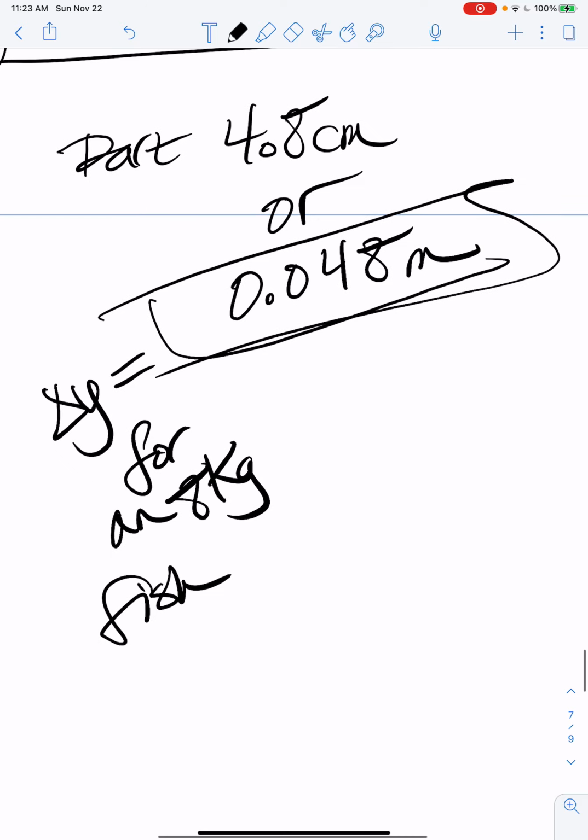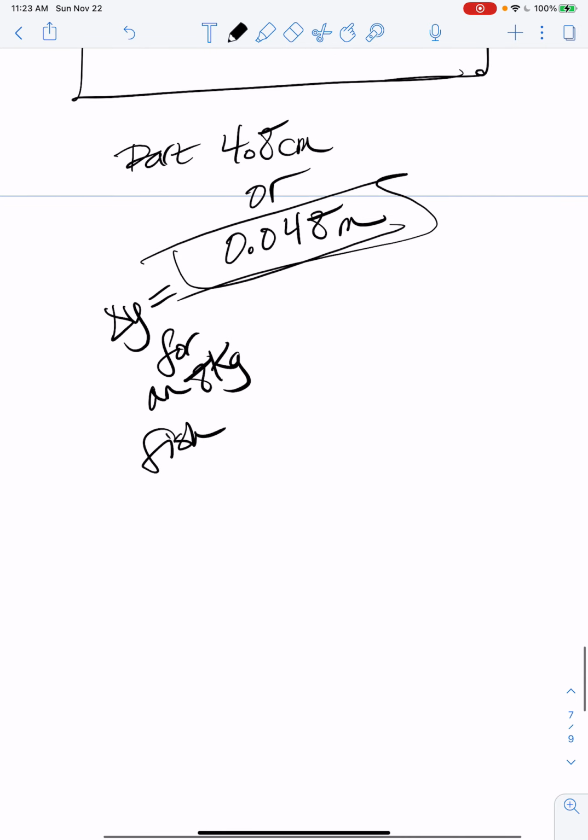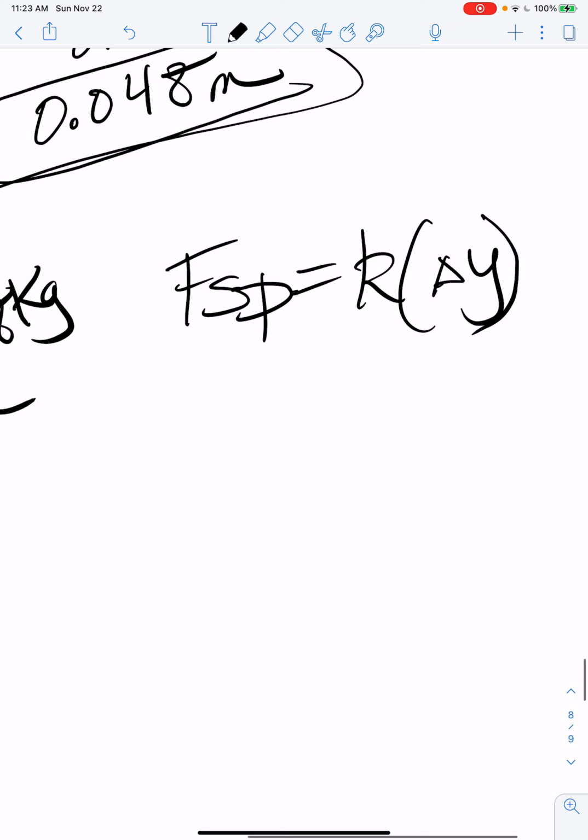If you're skeptical and you're like, oh, let me see the math, that's fine. We would just say force spring is equal to k delta y. Once again, we're not worrying about the negative signs because that just indicates a restoring force.